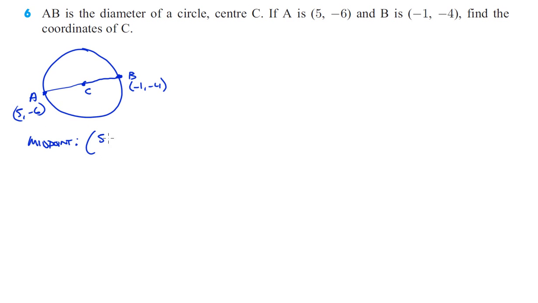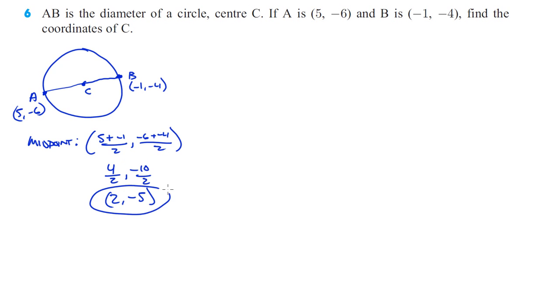Okay, so we'll go 5 plus negative 1 over 2, and negative 6 plus negative 4 over 2. So that's going to be 4 over 2 here, and that's going to be negative 10 over 2. So that's going to be 2, negative 5 is going to be the coordinates of the center of that circle. All right? Okay.